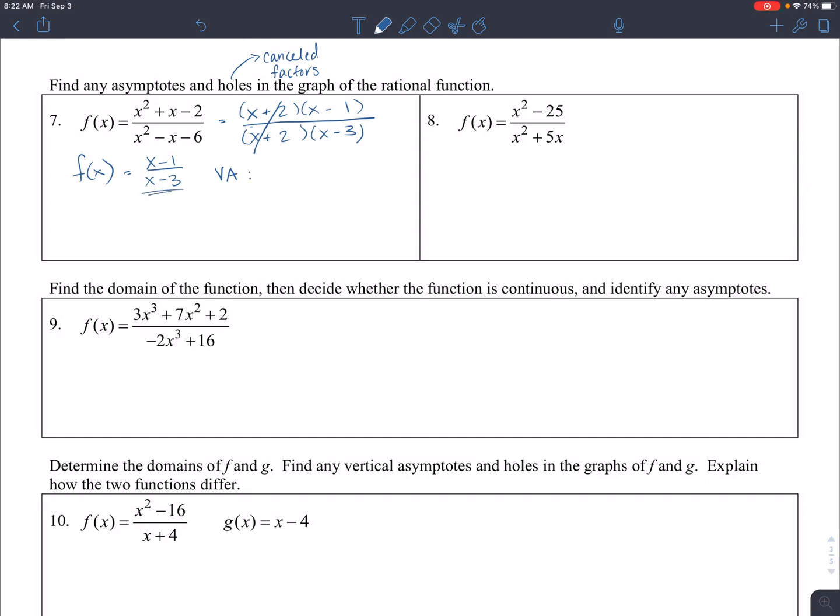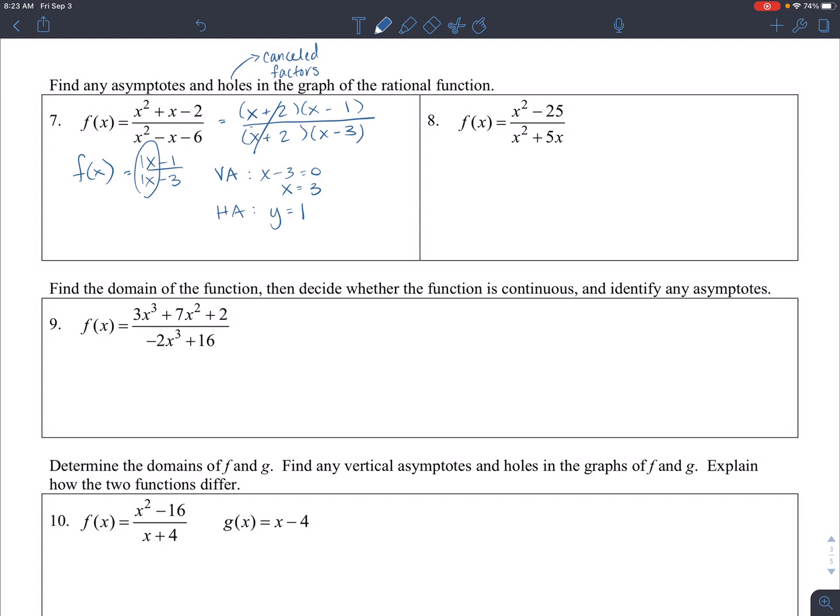So my vertical asymptote is where the denominator equals 0, so that's going to be x equals 3. You can also find it by setting this equal to 0 and solving for x. So you can see it's x equals 3. My horizontal asymptote is going to be 1 because the degree of the numerator and denominator match. So I'm going to get y equals 1.